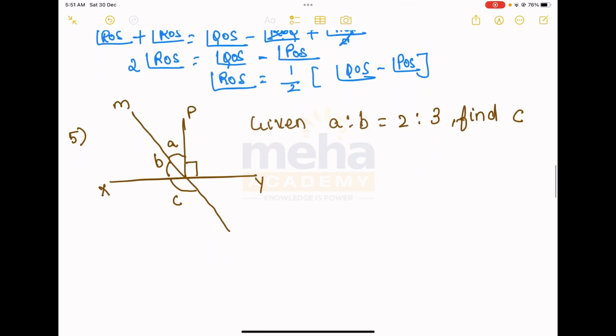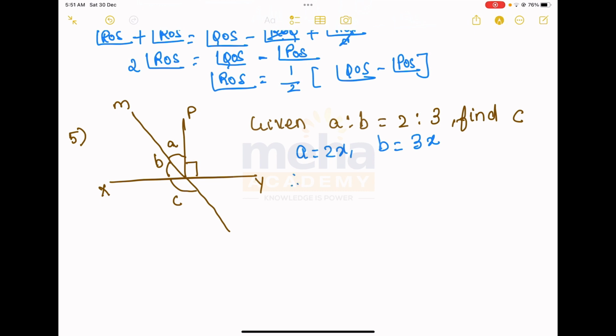The next solution, question number 5, we have to find angle C, where angle A and B are given in ratio. Whenever there is a ratio question, first we add x to both the values. So A becomes 2x, B is equal to 3x. Always remember this. For a ratio question, we add x to the given ratio.